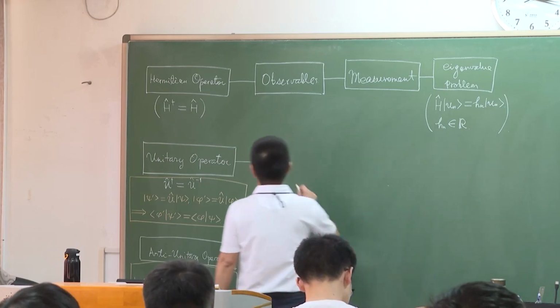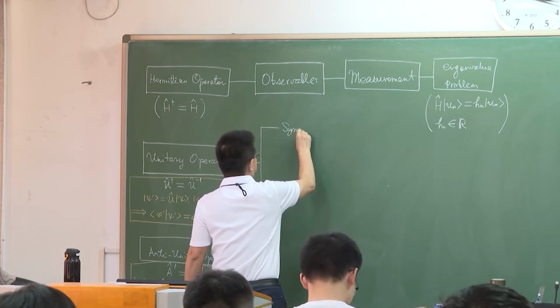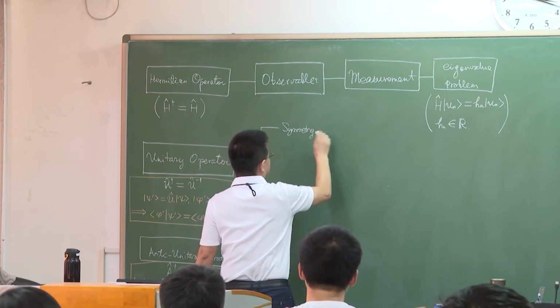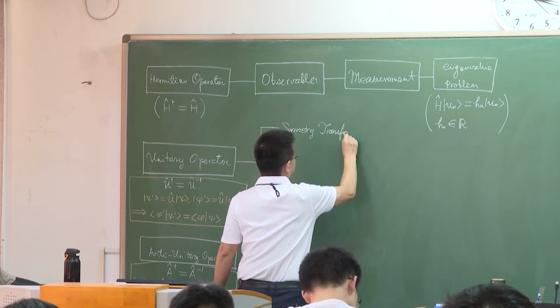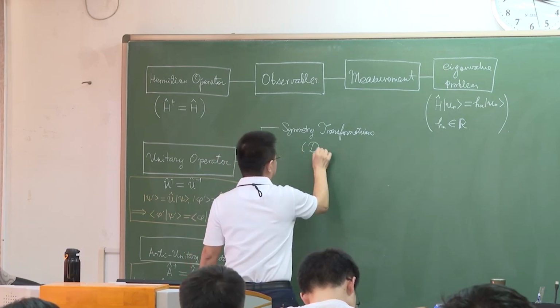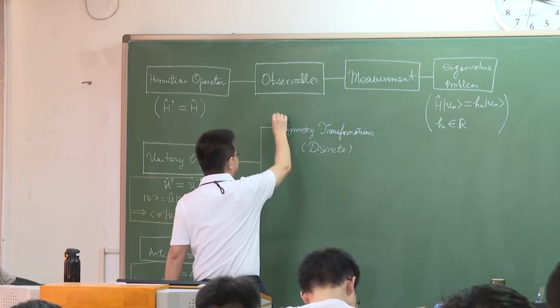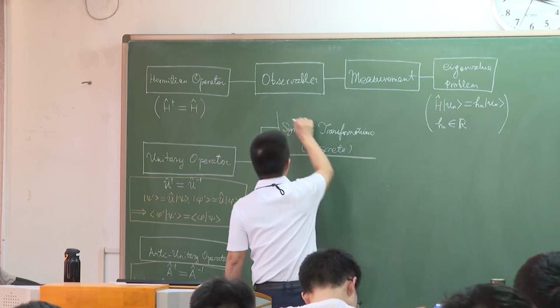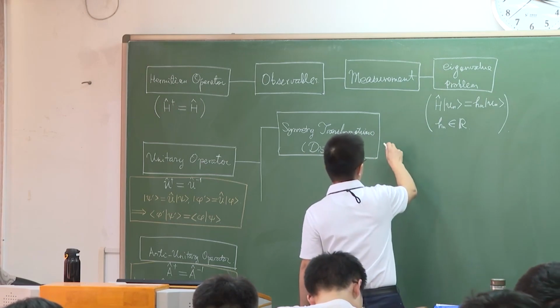We have several kinds of symmetry transformations. We have the discrete case. What kind of discrete case for the symmetry transformations?